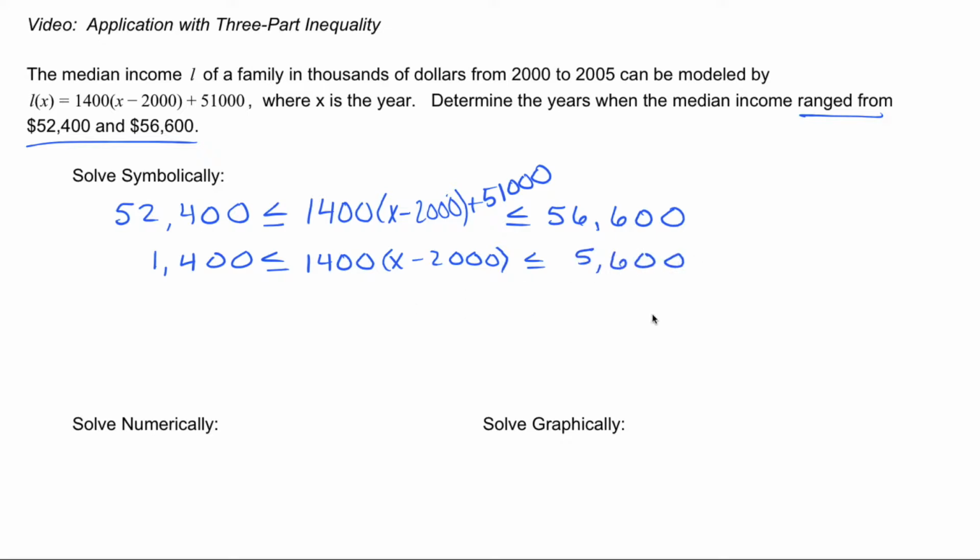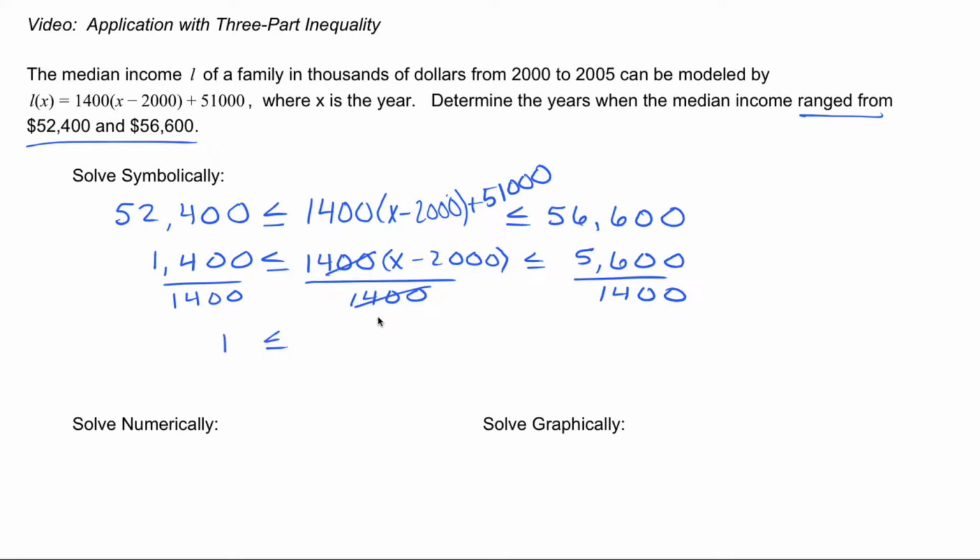Okay. Now what could I do? Well, I can distribute, or I could divide all sides by 1,400. So that's going to be 1 less than or equal to, what happens here?